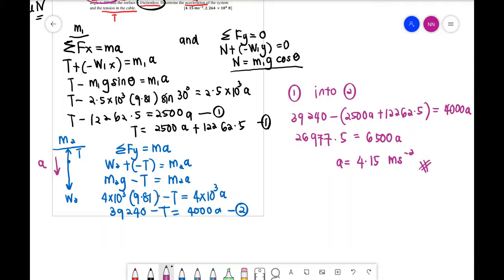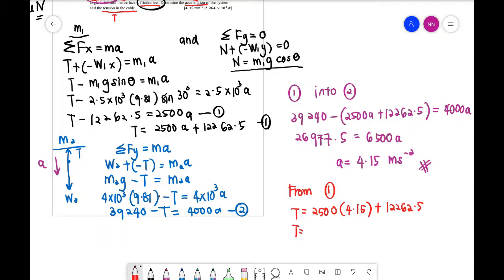So we have already calculated the acceleration A. And then how about tension? From equation 1, T equals 2500A, where A is 4.15, plus 12262.5.